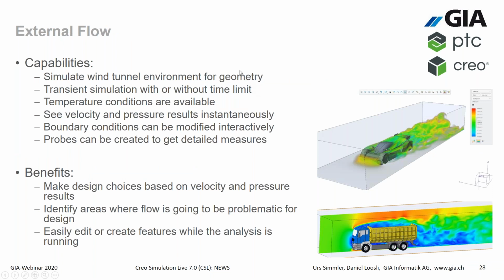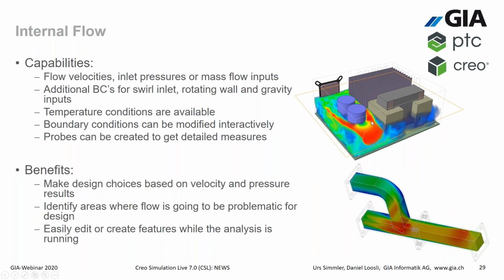You'll get the possibilities, the capabilities to create external flow analysis. So you're taking here a race car, you're sending it to the wind channel, and then you see, let's say, the streamlines and that kind of stuff.